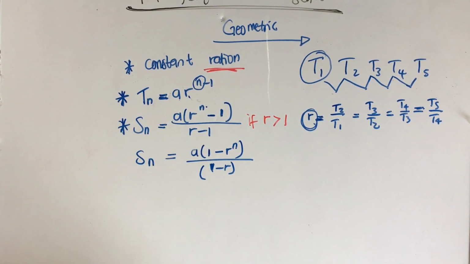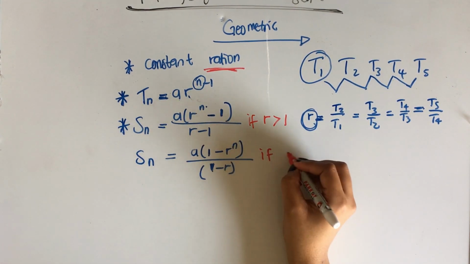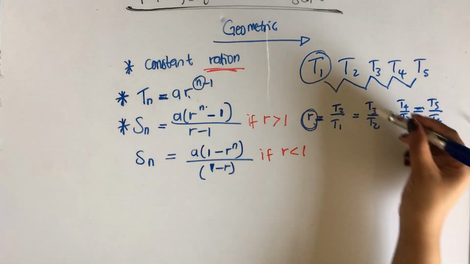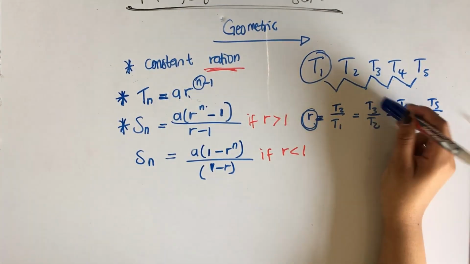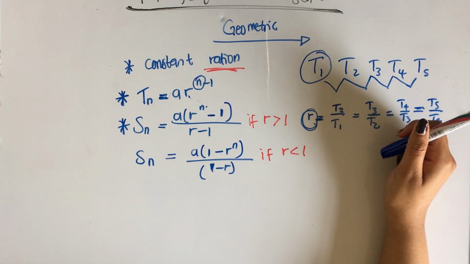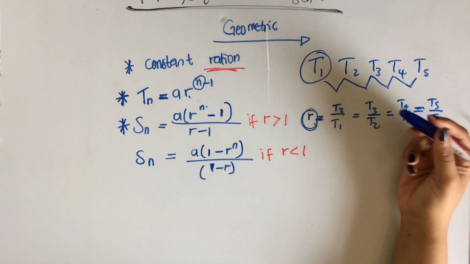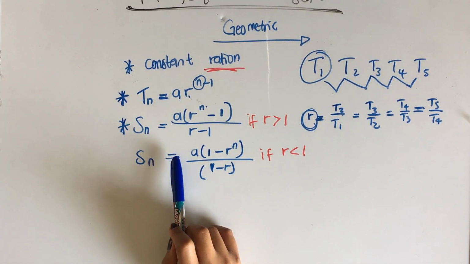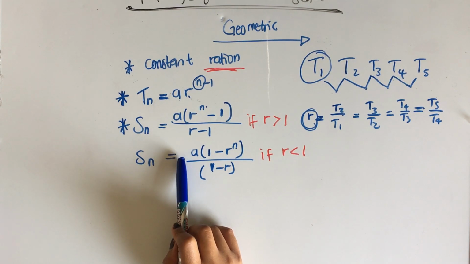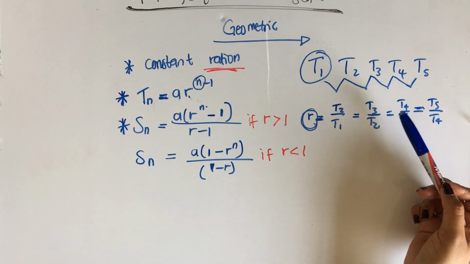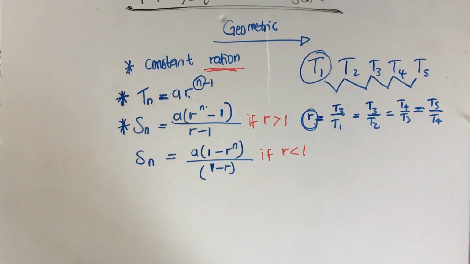So now we only use this one only if your r is less than 1. So if you get this constant here, and you find that maybe it's 0.005, that would mean you're going to use what? This formula for your sum of terms. And if now your common ratio is greater than 1, then you're going to use this one.